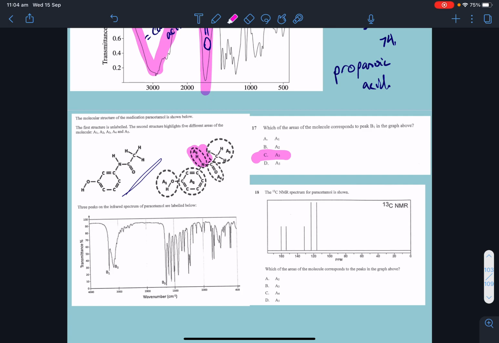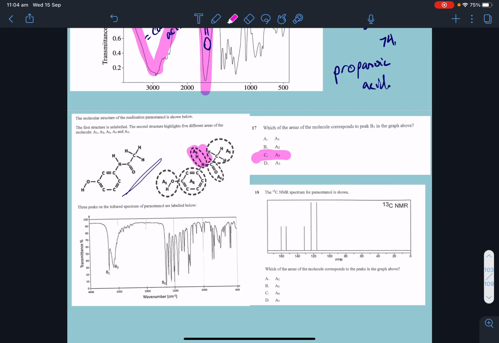So question 18, the carbon-13 NMR spectrum for paracetamol is shown. Okay, we've got certain carbon environments there. Which of the areas of the molecule corresponds to the peaks in the graph above? What are they asking there? Well, haven't we got differing carbon environments there?